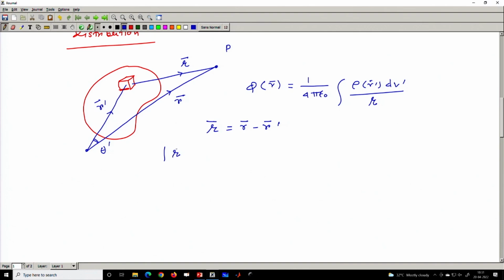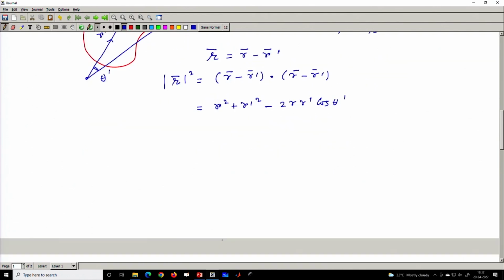What is the magnitude of this quantity? If I want to find the dot product, it should be r minus r prime dot r minus r prime, which simply gives us r square plus r prime square minus 2 r r prime cos theta prime.